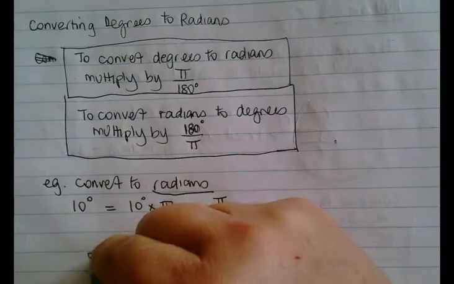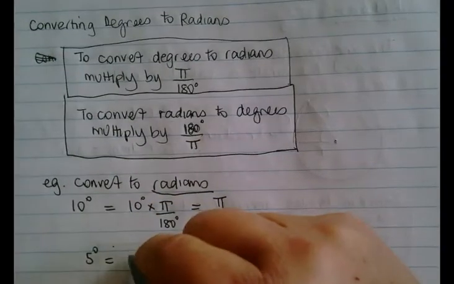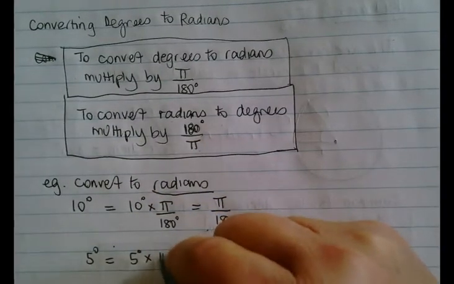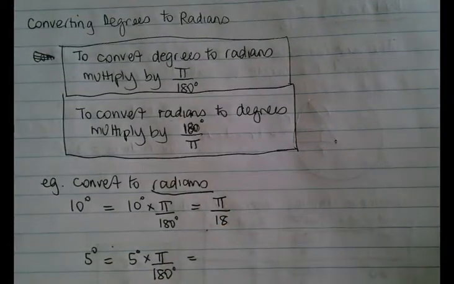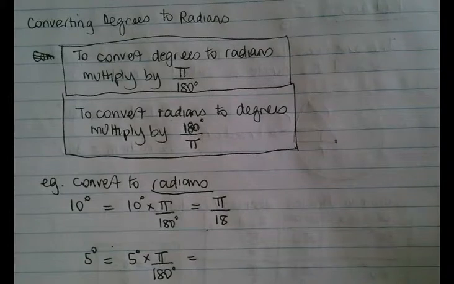Something like 5 degrees. Isn't that 5 degrees times pi on 180? So on your calculator, you don't put the pi in. Let's see, actually, if yours keeps your pi in place, just go 5 pi over 180. I would just do 5 over 180 in my calculator. Are you getting pi on 36?